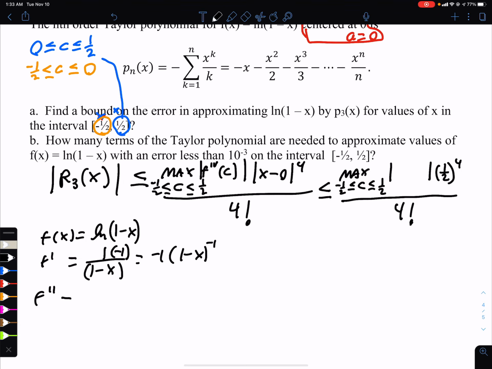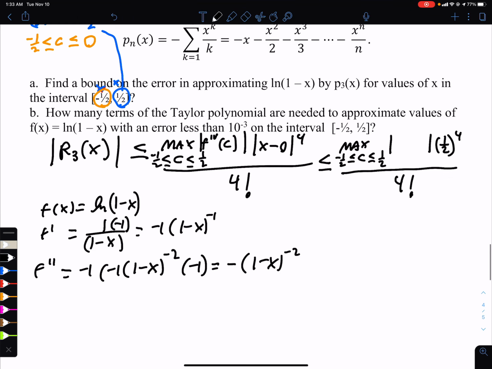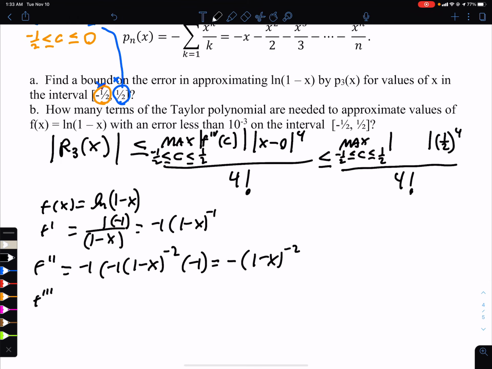Well, the second derivative, I bring the -1 in front, box, I subtract 1 from the exponent, but then I need to multiply by the derivative of box, which is going to get me something, a negative, because I have 3 negatives, I guess. And it's going to be 1 minus x to the negative 2.